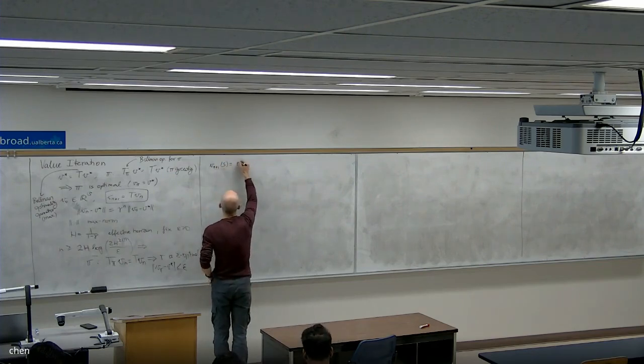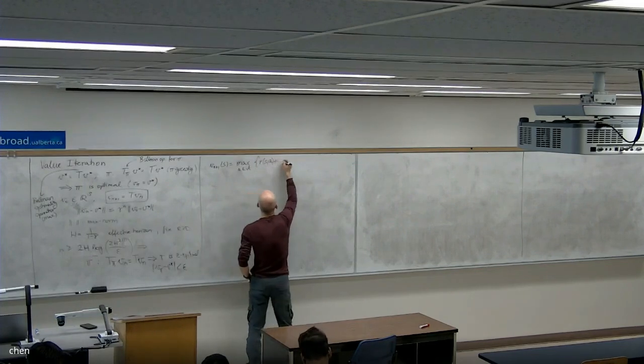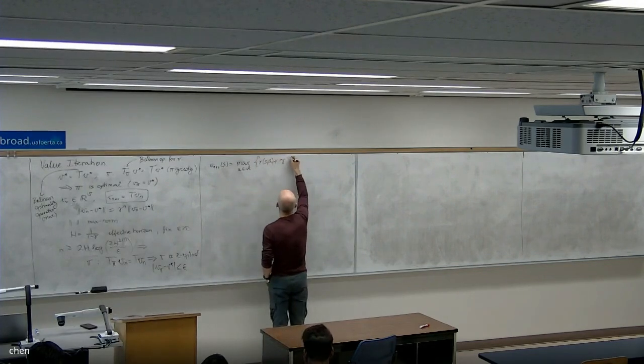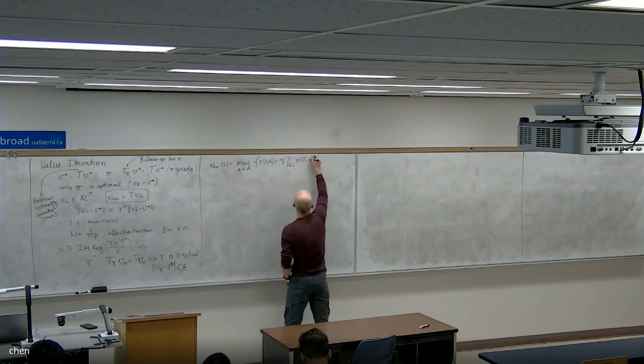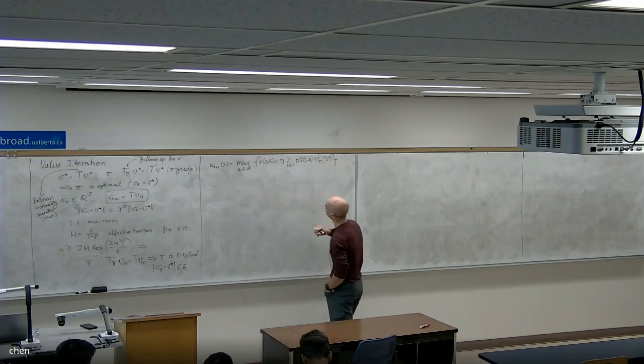So the operator, if I expand this definition, is doing these things. It's taking the max over reward plus future expected value under the current estimate of the optimal values, discounted by a factor of gamma.